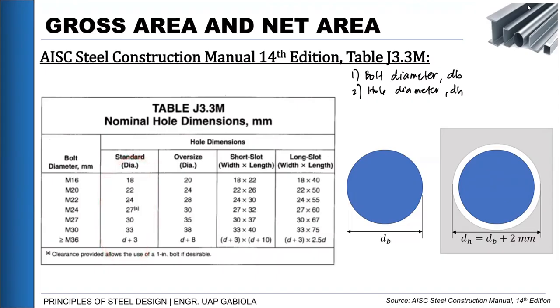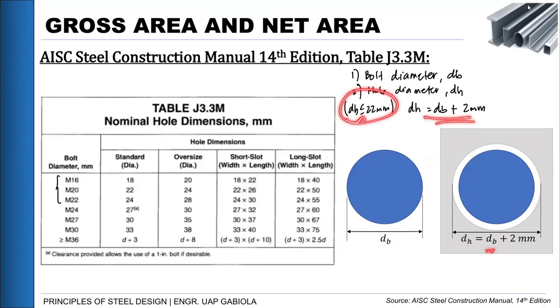Okay? So, for bolts na less than 22 mm, so ito yun, for dB less than or equal sa 22 mm, pwede magkameron tayo ng formula. Ang formula for dH is equals to dB plus 2 mm. Okay? So, yan yung kukonsider natin kapag ito yung diameter ng bolts natin.